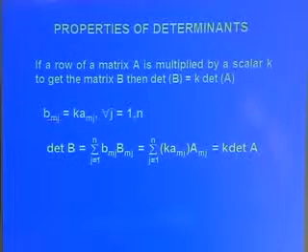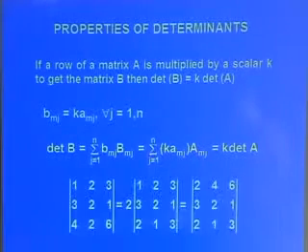The proof of this is simple. I am writing determinant B, by definition it is the summation over j equal to 1 to n of bmj and its cofactor Bmj, which is equal to, now for bmj I have k times amj. So k amj into Amj.